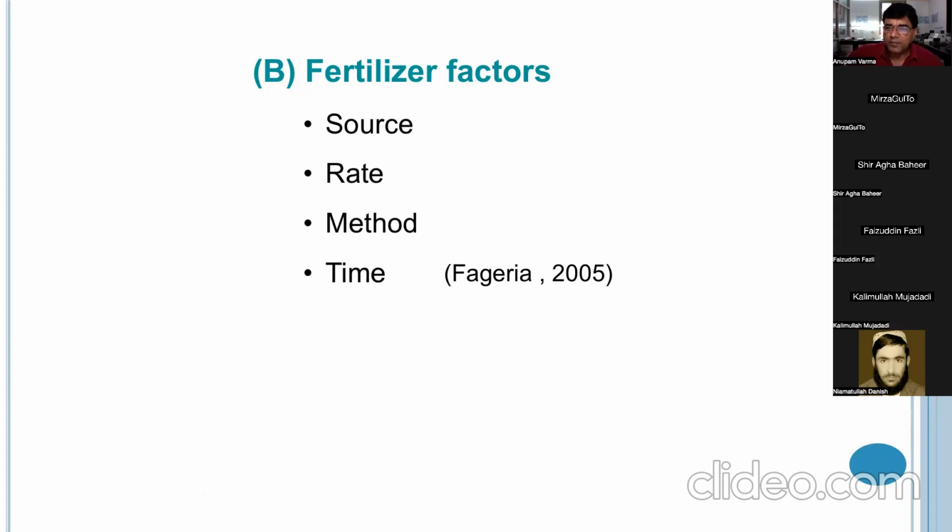Source of fertilizer will affect the nutrient use efficiency. Yes, sir. If we apply organic matter from an animal source, for example, farm manure, its source has nitrogen, so it affects the soil, and it also affects the biomass of the plant, sir.